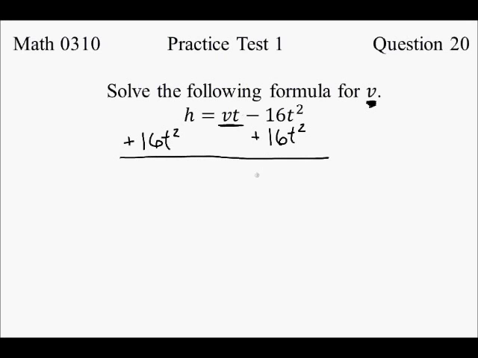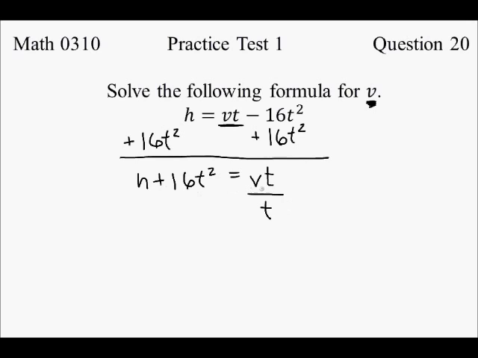On the right, we just have our vt left over, v times t. And over here on the left, these are not like terms because they don't have the same variables, so we can just write it as h plus 16t squared. Now we have just a v term over here. This is v times t. We just want v, so we want to get rid of times t, and the opposite of that is divide by t.